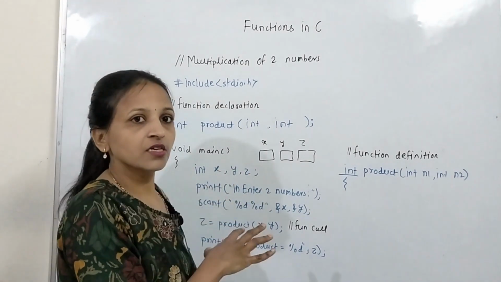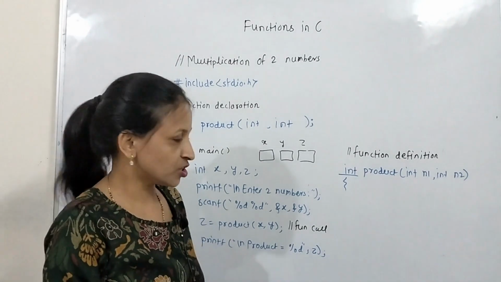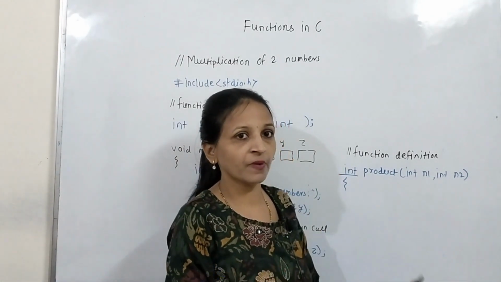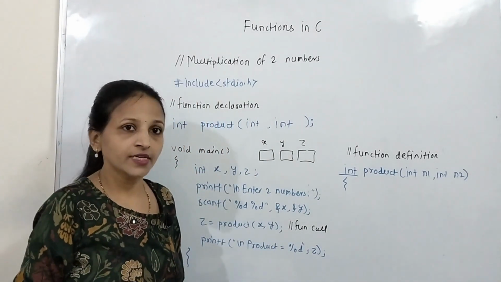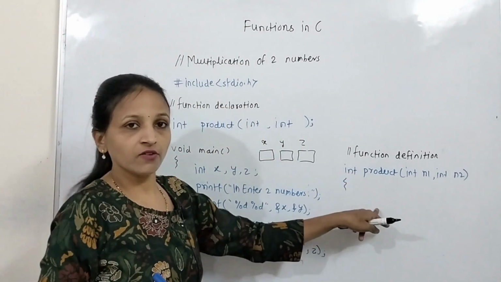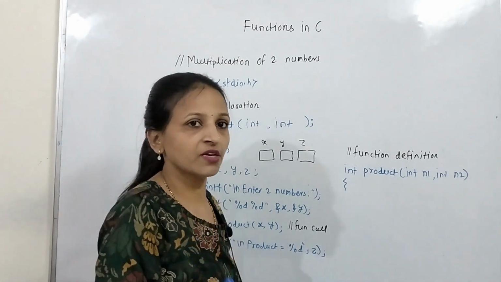If we are not returning an integer value, or we are not returning anything from that function, and we have mentioned the return type of that function as integer, then of course the compiler will give you an error like function should return a value. Getting? So always keep in mind, since we have written int, it is compulsory that we return an integer value from that function.